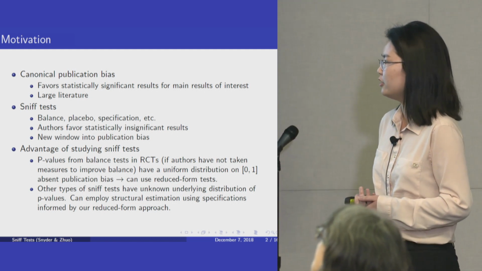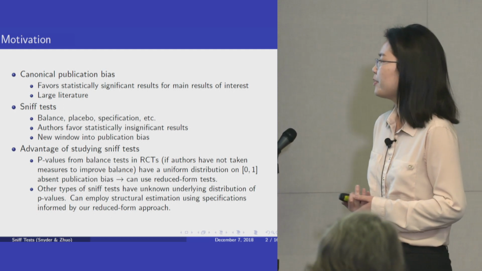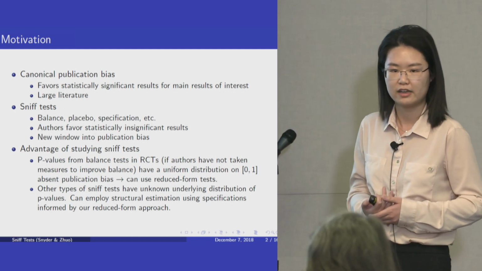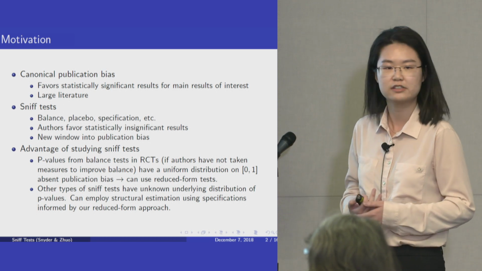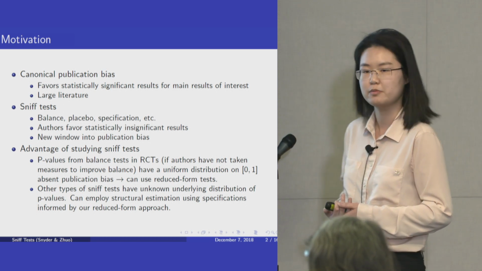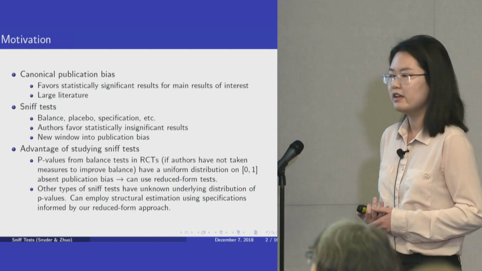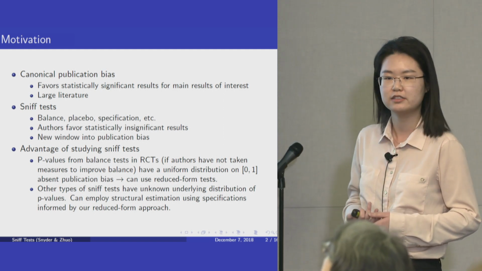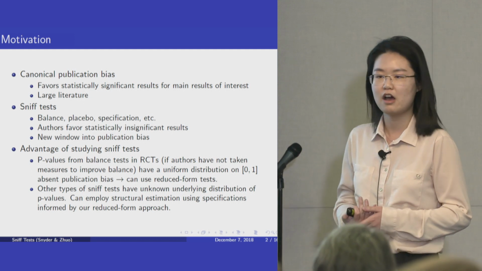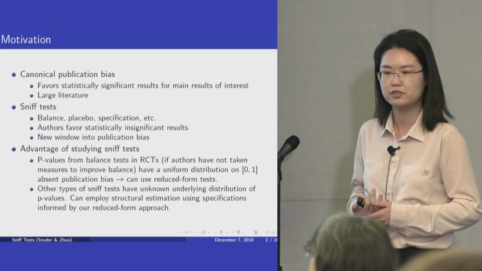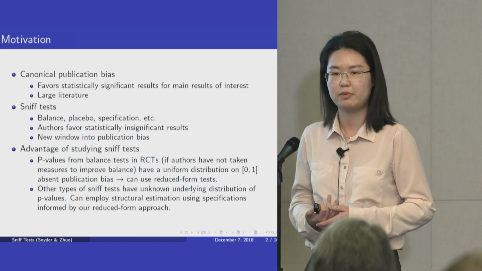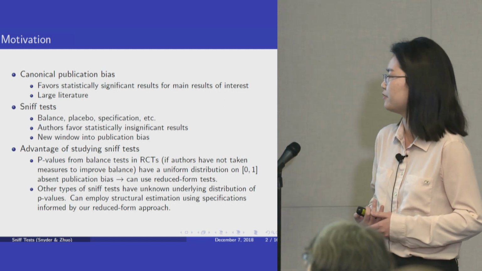There's a major advantage of studying this kind of test because the p-values from balance tests in RCTs, if the authors have not taken valid measures to improve balance, have a uniform distribution between 0 and 1 if publication bias is absent. So this allows us to use reduced form methods to test whether publication bias is present and to quantify the effects.